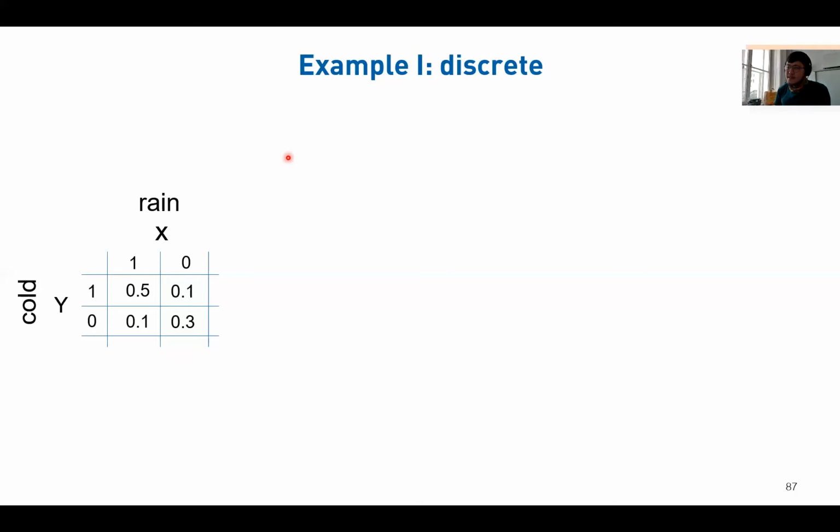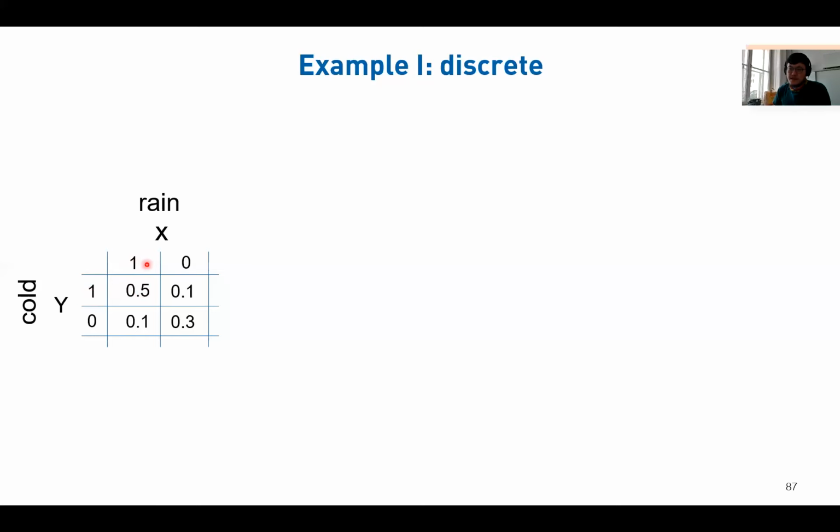Yeah, great. A few of you wrote down joint probability. Yes, they are joint probability because they describe the probability of events happening together, right? So here, this 0.5, 50% probability, describes raining and being cold.